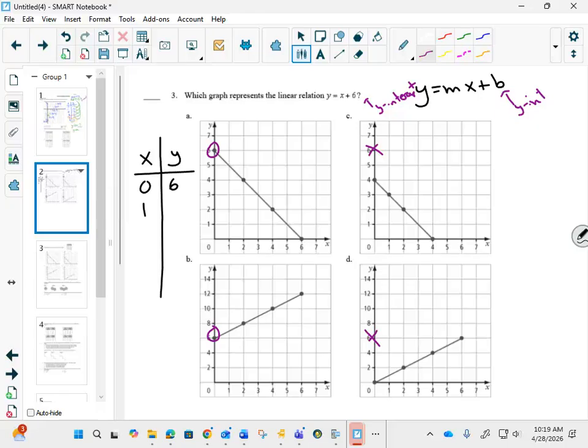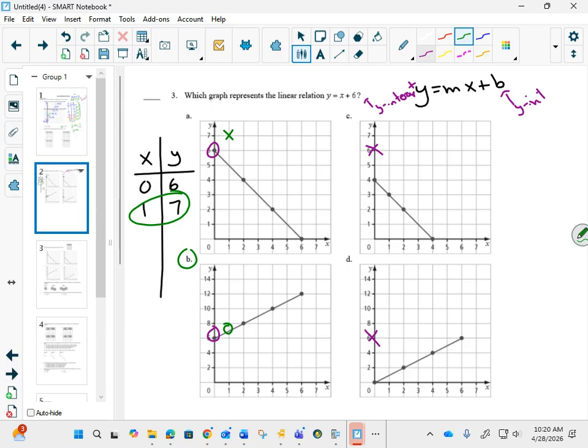What is 1 plus 6? 7. So I need the point 1, 7. Does this one have 1, 7? No. Does this one have 1, 7? Yes. So now I didn't have to do much work on this one. I used a combination of the shortcut and my table of values.